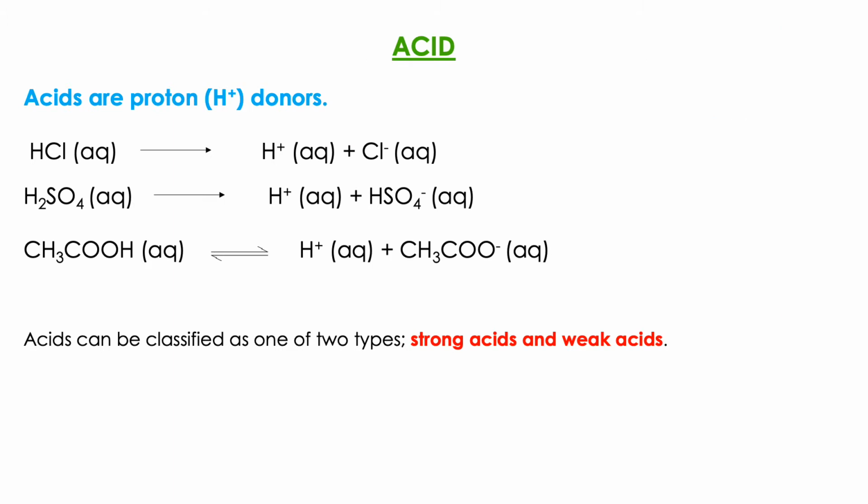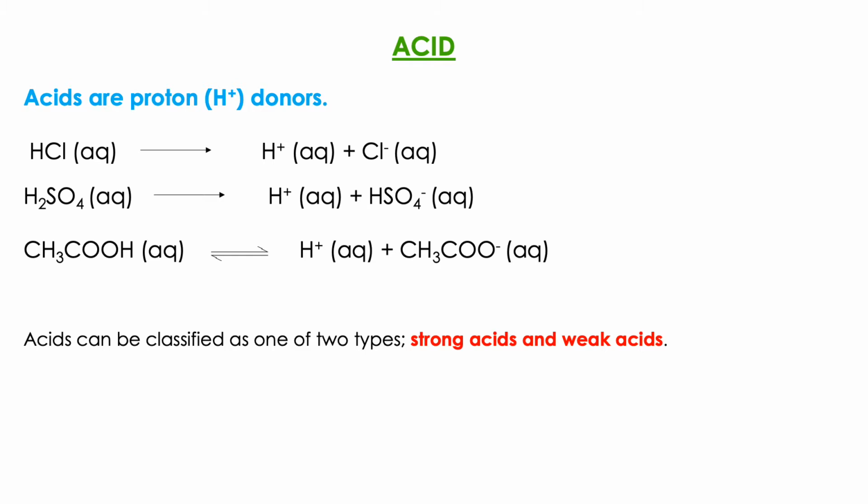Let's recall some definitions which are needed for today's lesson. The first definition that we're going to discuss is acid. Acids are proton or H+ donors. Let's look at some dissociation reactions of acids. HCl dissociates to give H+ ions and Cl- ions.